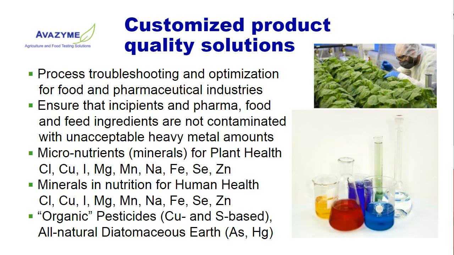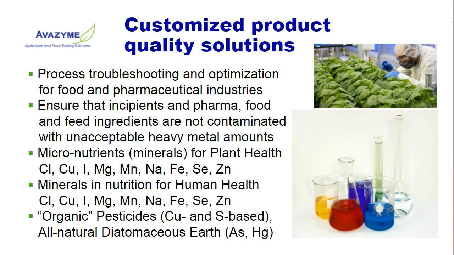And through this diatomaceous earth, depending on where it comes from, where it has been mined, it can have high levels of arsenic and even mercury, and through that contaminate the fruit juices or other beverages.